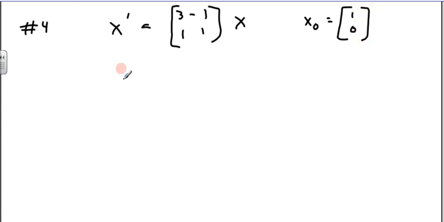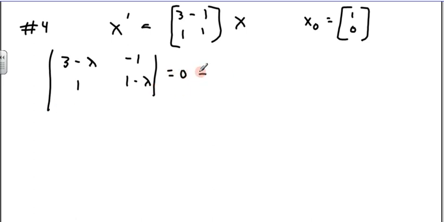Okay, so first thing I need to do is find the eigenvalues. 3 minus lambda, minus 1, 1, 1 minus lambda is supposed to be 0. And what do I get? I get 3 minus lambda times 1 minus lambda plus 1 is 0.